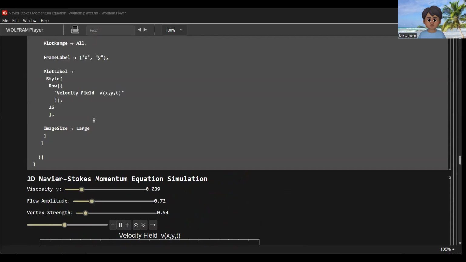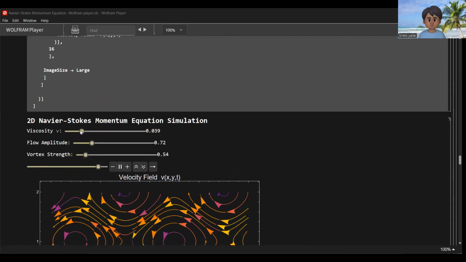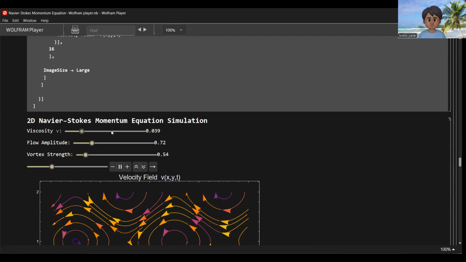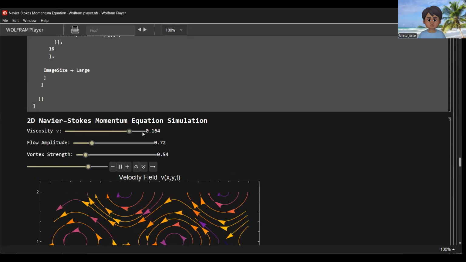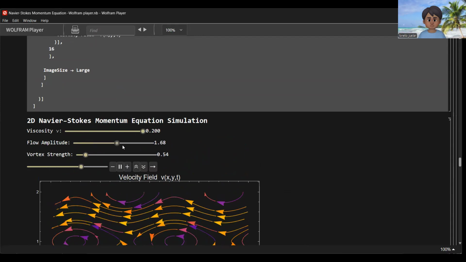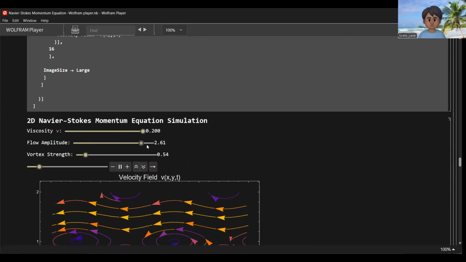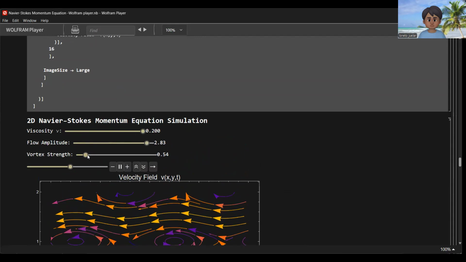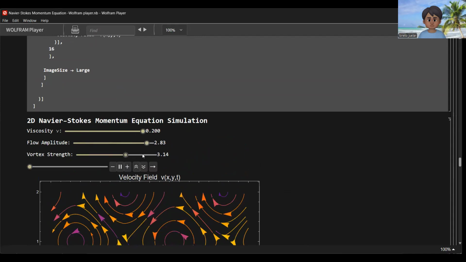If we increase the viscosity here, what will happen to the simulation?